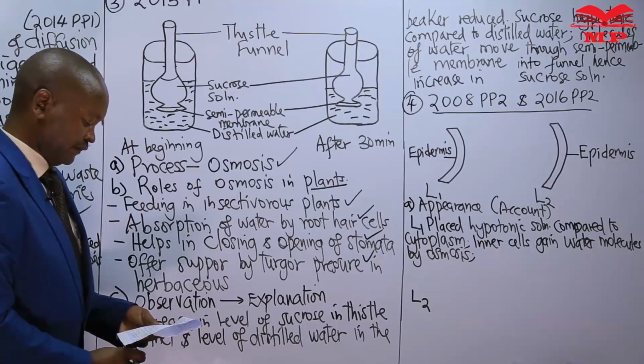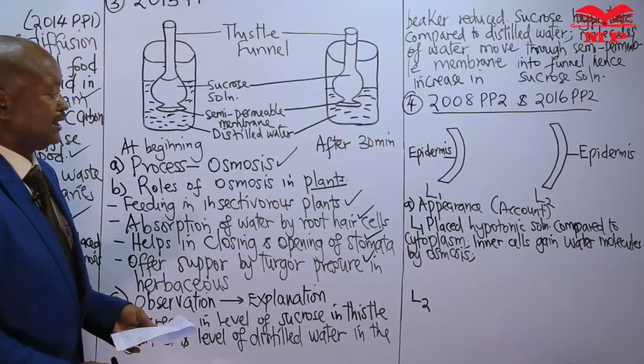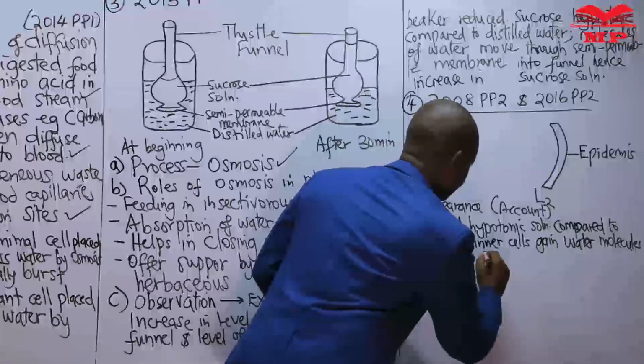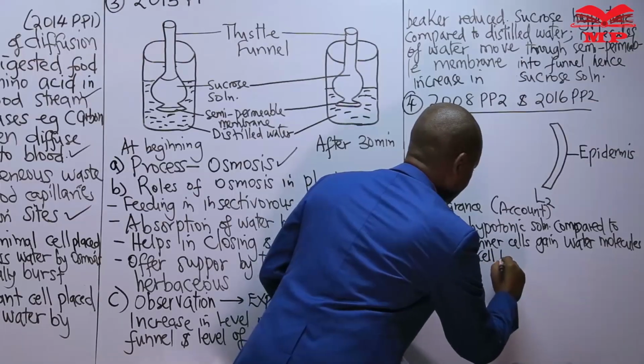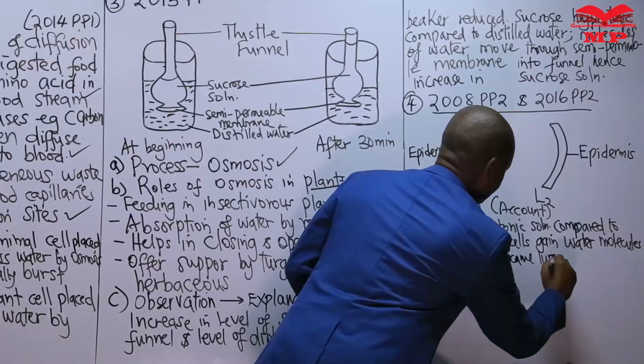Then after gaining that, because this is a plant, the cells became turgid.